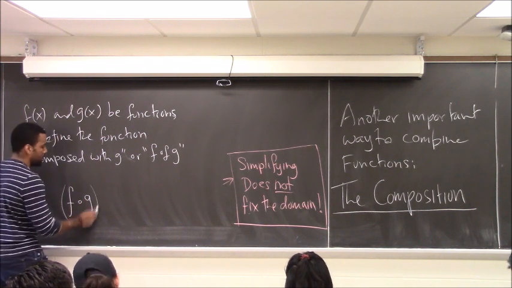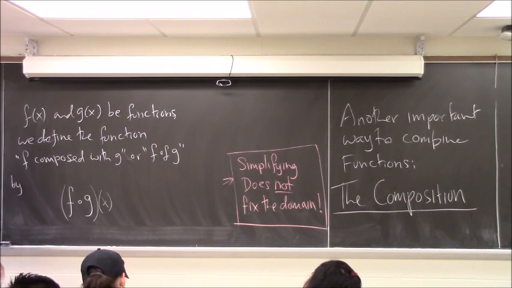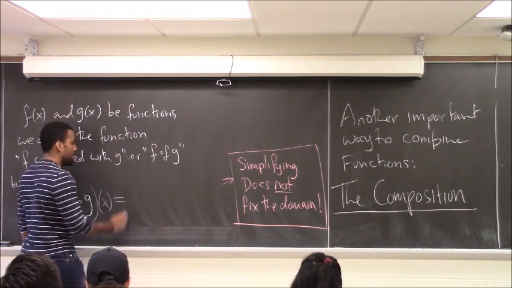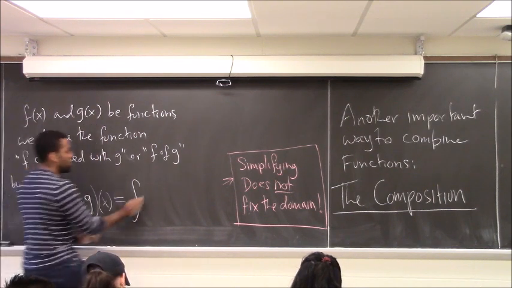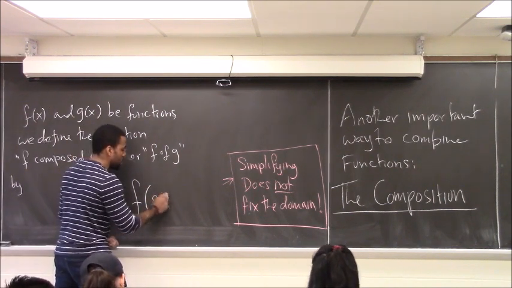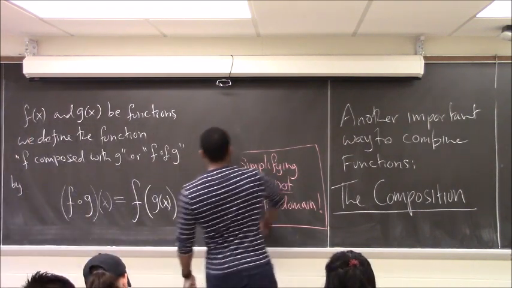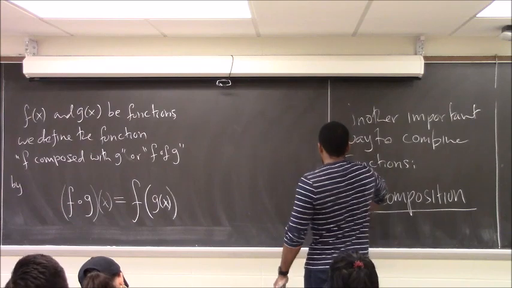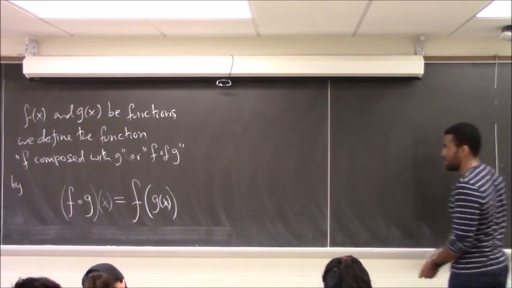You'd write it f of g of x. And basically how we define that function is that we take the outputs of the function g and we use those as inputs in the function f. Now why that's nice is because it allows us to string functions together in a very efficient way.